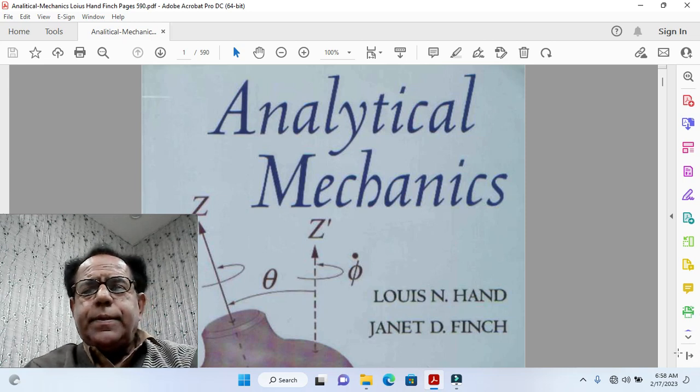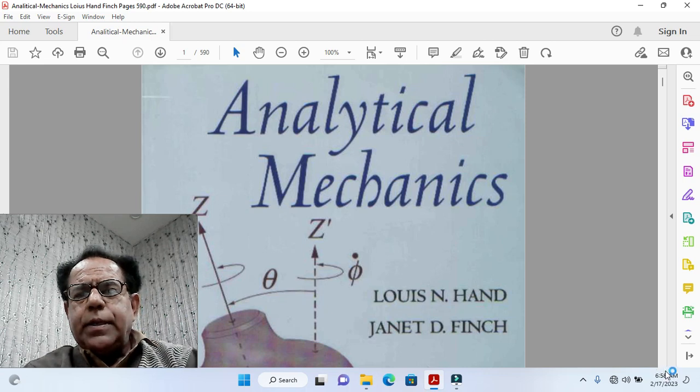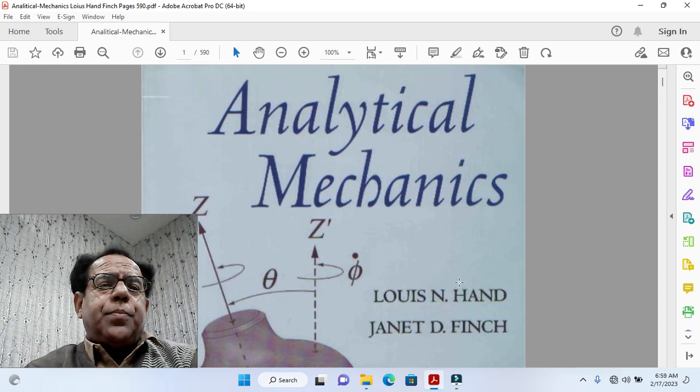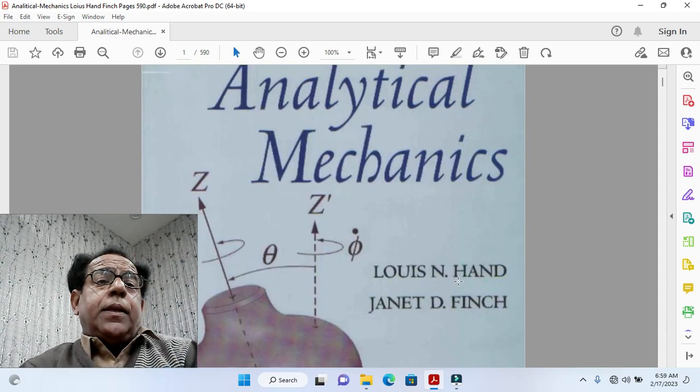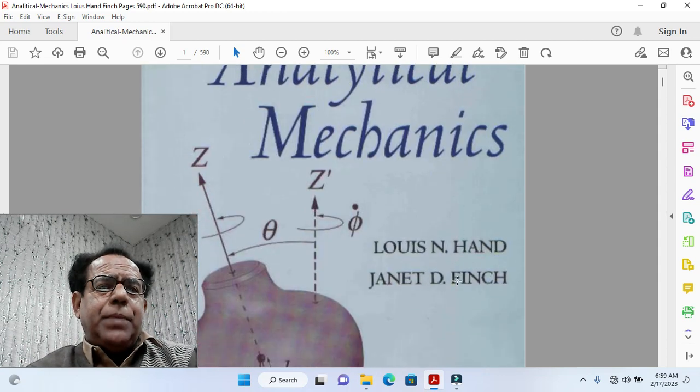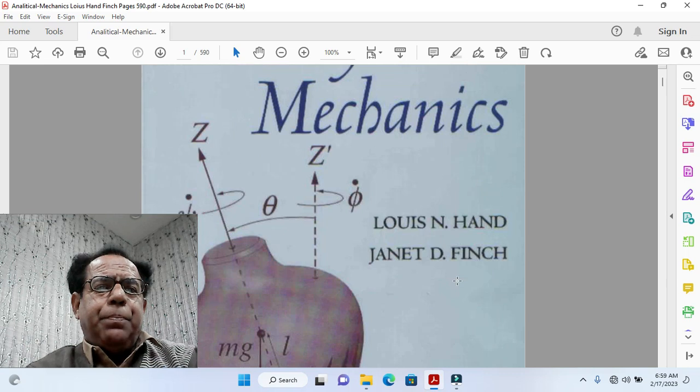Dear students, this is the first book of our next folder in which books of classical mechanics are saved. The first book is Analytical Mechanics by Lois N. Hand and Janet D. Finch.